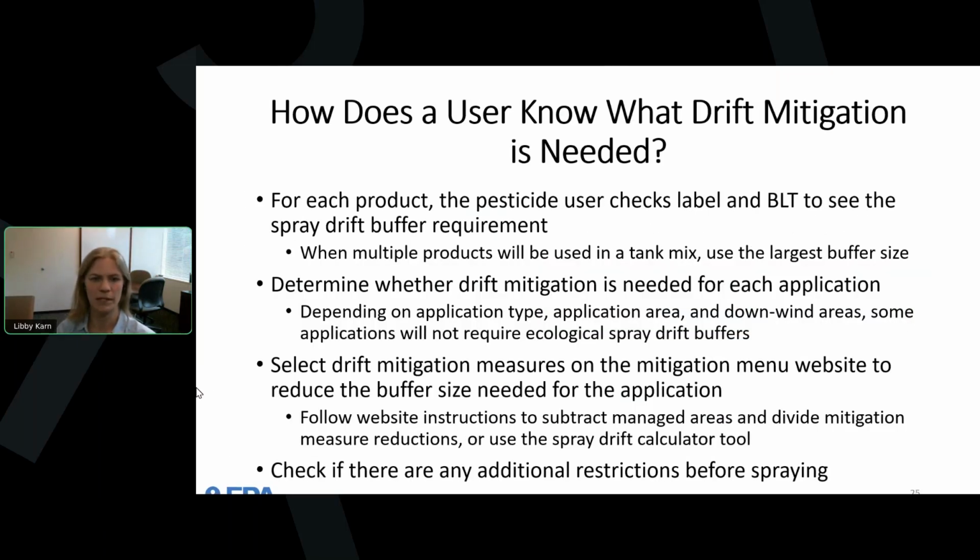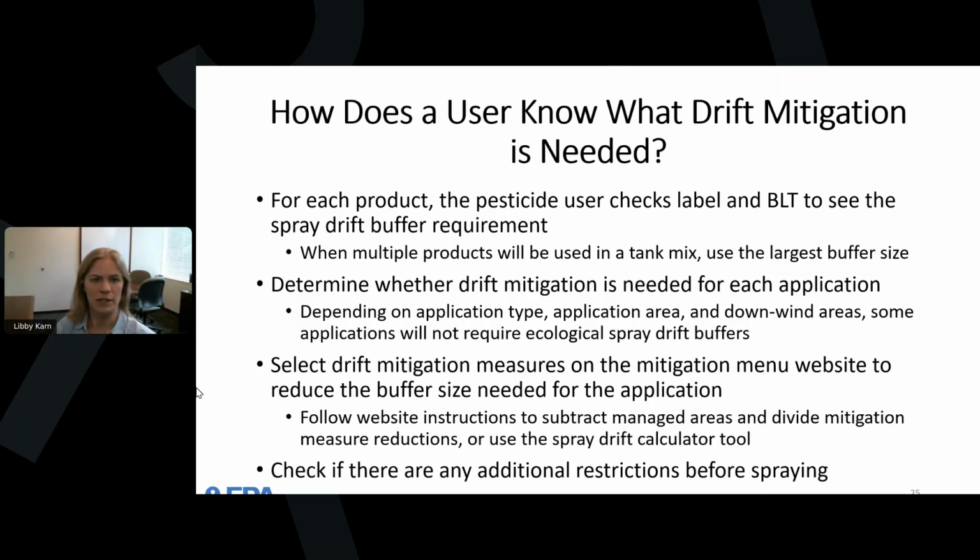Now I'll go over how a pesticide user would know what spray drift buffer is needed for the product they are planning to apply. For each product, the user will check the product label, and if the label directs them to check Bulletins Live 2, they will also have to visit the BLT website no more than 6 months before the application to check if the application area is in a PULA with a bulletin for their crop or use site.